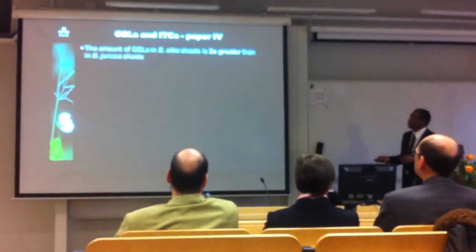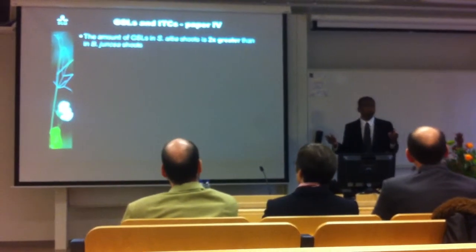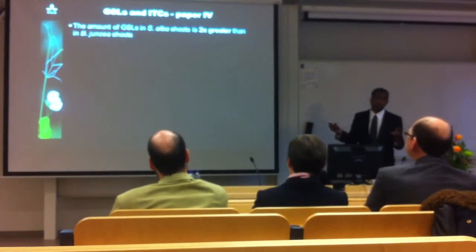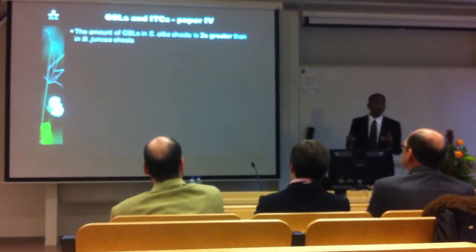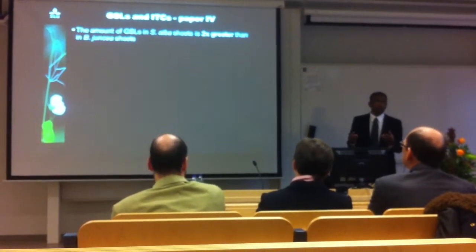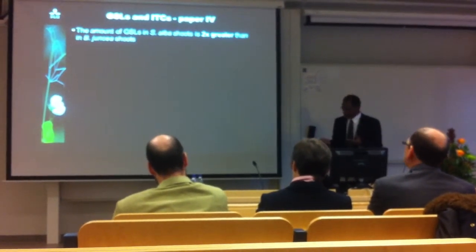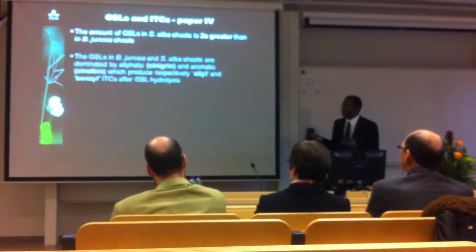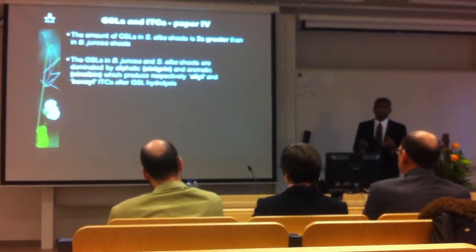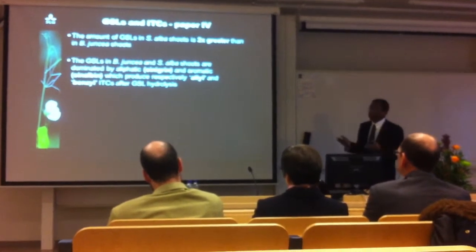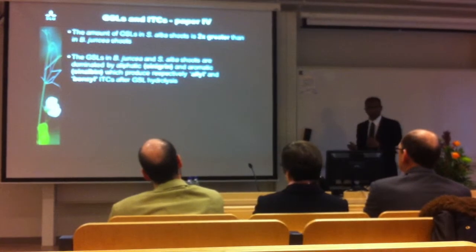So the glucosinolates profile of Brassica dry shoot tissue showed that Sinapis alba contains 2 times more glucosinolates than Brassica juncea, and Sinapis alba tissue is dominated by aromatic sinalbin glucosinolates.